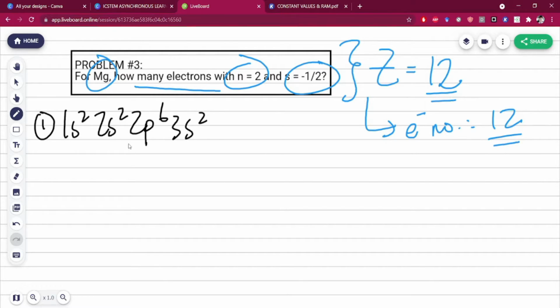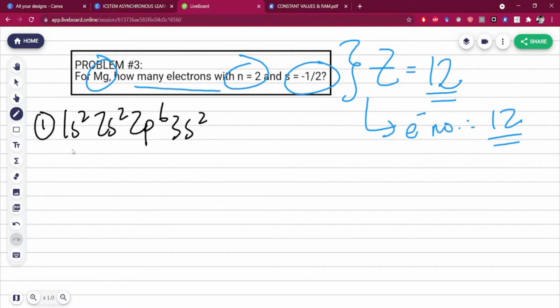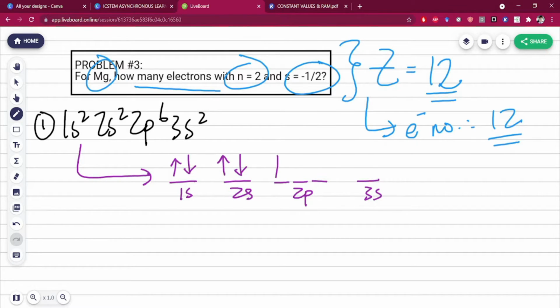Now, you've got this spdf notation, and just now I said it's better for you to write it as an orbital diagram as well. So this is the orbital diagram, and make sure your arrows are fully headed arrows for the spin of electrons.